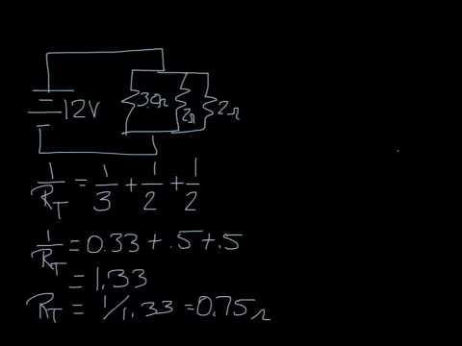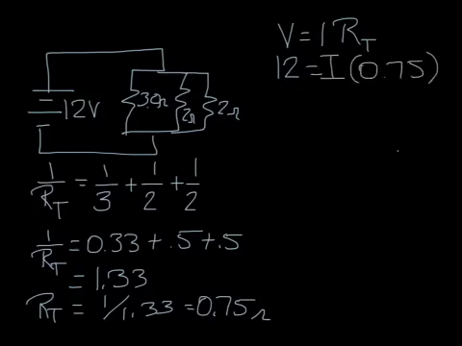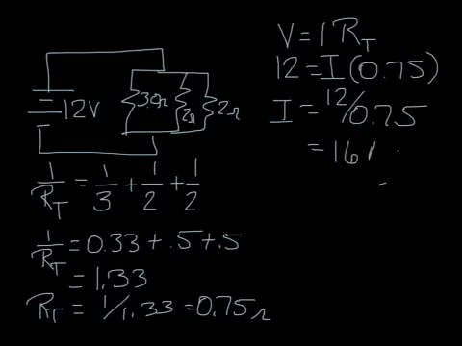So these three resistors equal 0.75 ohms. Now we need to find our current. We know voltage is equal to current times resistance total. So that's 12 volts is equal to current times 0.75. So current is equal to 12 divided by 0.75, which is 16 amps.